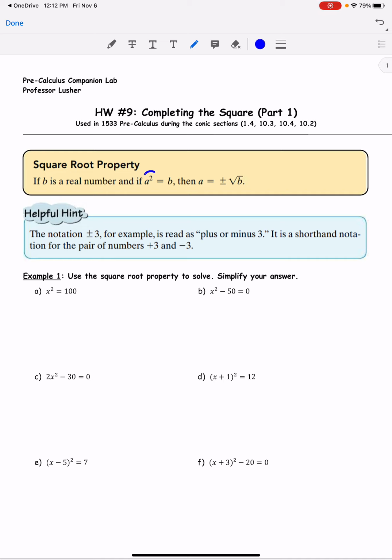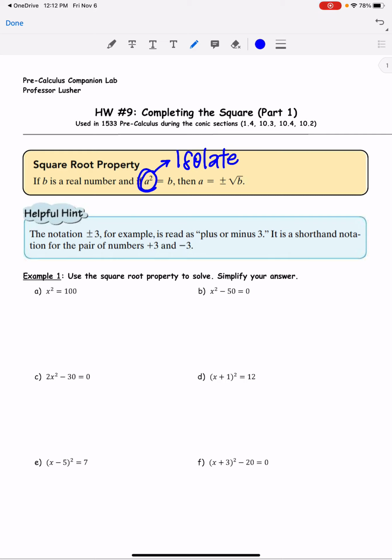The big thing with that one is whatever that squared term is, you need to isolate that squared term. And then it gives you this little helpful hint that we're going to use that plus or minus notation. So when you have plus or minus 3, that's a shorthand for 2 answers, right? That means positive 3 as well as negative 3.